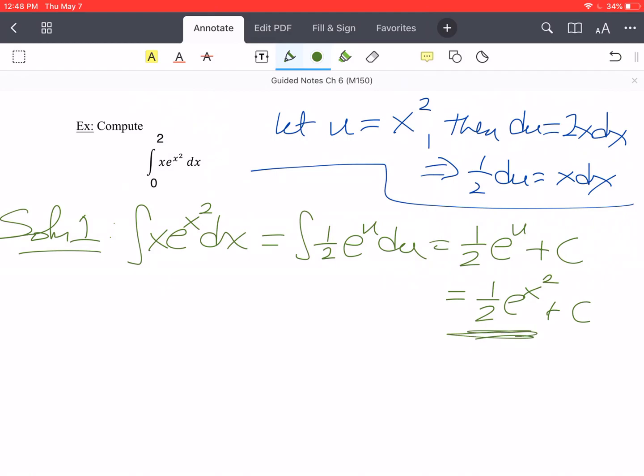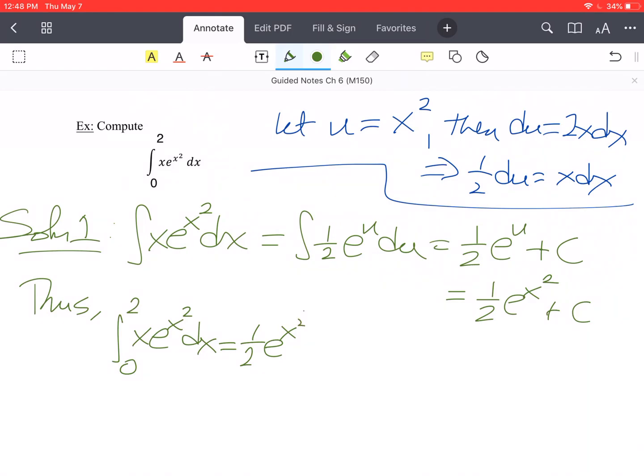Once we get this antiderivative, now we go back, so we can say thus the integral from 0 to 2 of x e to the x squared dx is 1/2 e to the x squared evaluated from 0 to 2.